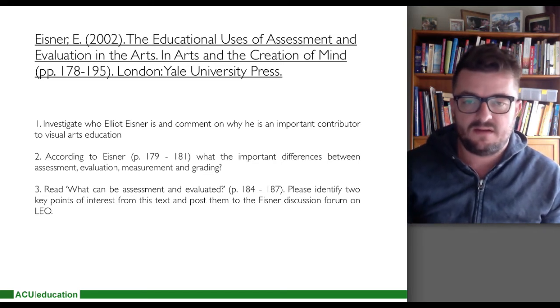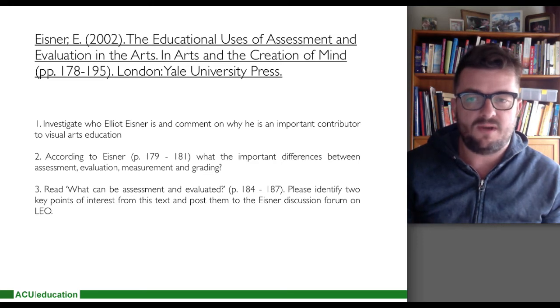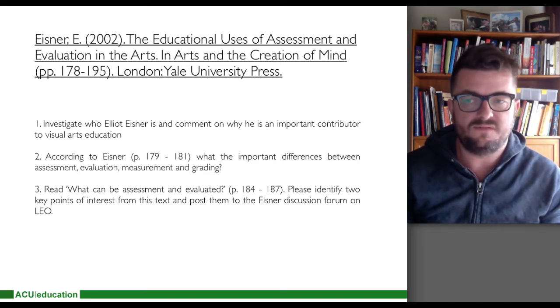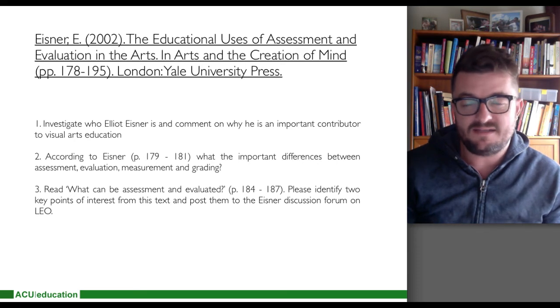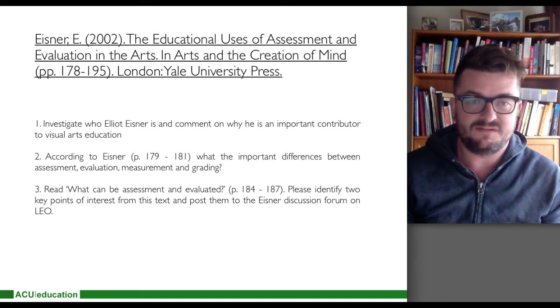But within that, there are a couple of sections that we're going to focus on directly. First of all, I'd like you to investigate who Elliot Eisner actually is and comment on why he's an important contributor to visual arts education. Indeed, I'd probably even go as far as to say why he's an important contributor to contemporary education in terms of assessment, so beyond the realms of visual arts as well.